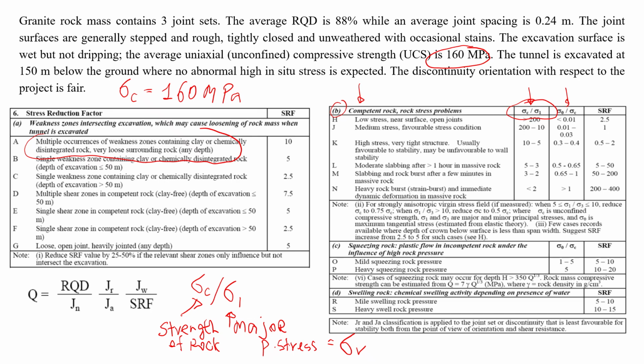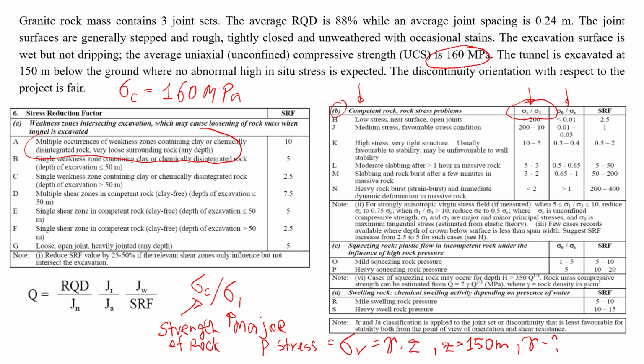And okay, so now we need to estimate the vertical stress. Probably you know that to estimate vertical stress, we will need to know the unit weight of rock times the depth of the rock, right? In this case, we are given that the depth of the tunnel is 150 meters, but we are not given the unit weight, so we don't know the density or unit weight, right?